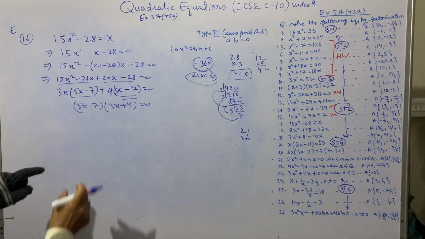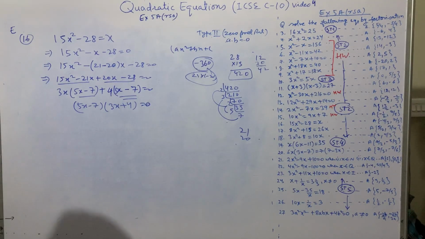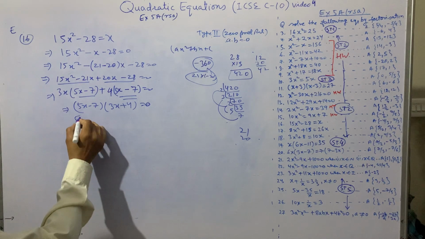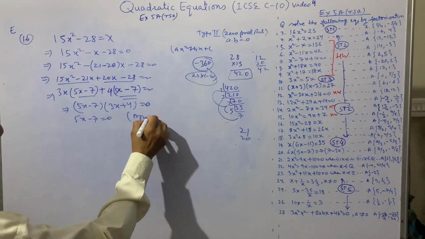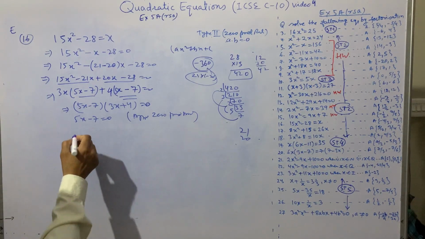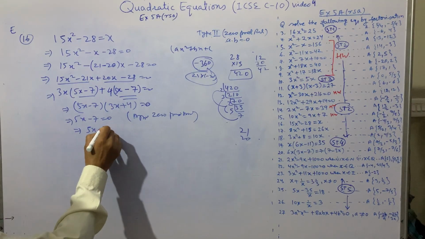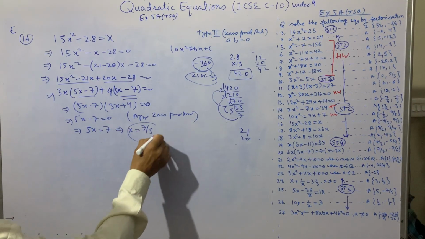So in this way we get a dot b is equal to 0. Now we can apply the zero product rule. Applying it, 5x minus 7 is equal to 0, so we get x equal to 7 upon 5.